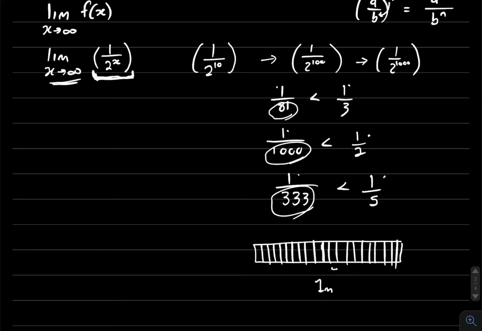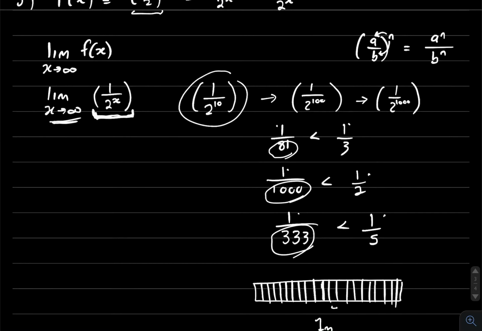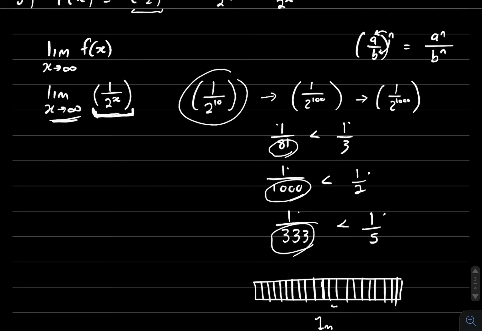So we know that we're dividing by a bigger number, so our fraction is getting smaller and smaller. Okay? So what does this mean exactly for our function? What is this function going to approach as x gets bigger and bigger? We can see that it's getting smaller, right? So it must be approaching 0. Okay? So our limit here should be equal to 0.